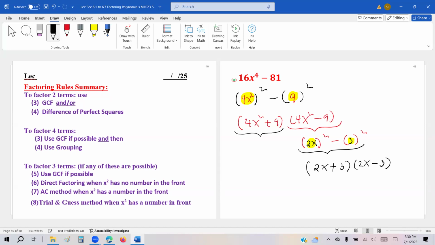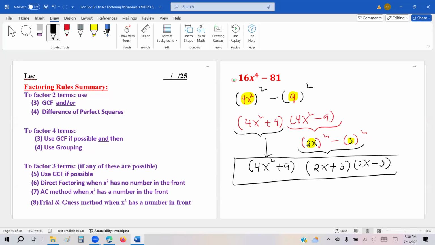But we still have this from before, which is not factorable anymore, so we need to bring it down. 4x squared plus 9. So this binomial has 3 factors in total, not 2 factors.